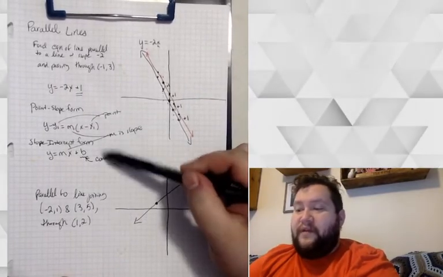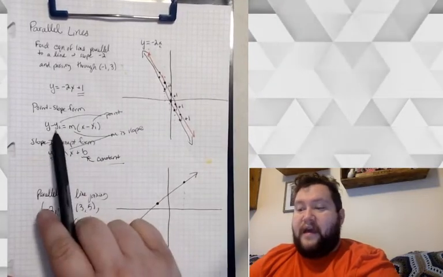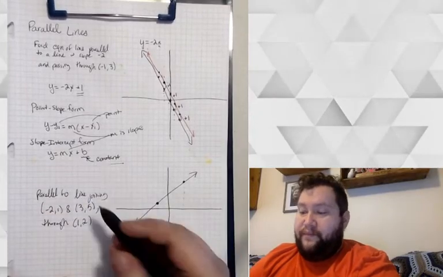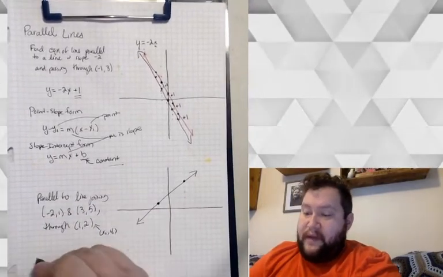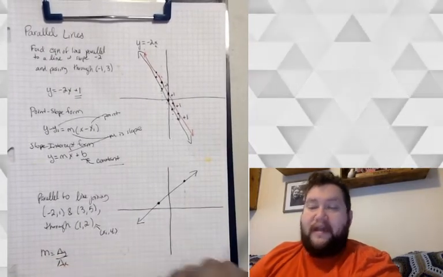And so we can use either of our forms. I'm going to go ahead and use point slope this time. I need a point, an x1 and y1, and a slope. Well, this is our x1, y1, but we need slope. M is our change in y over change in x.